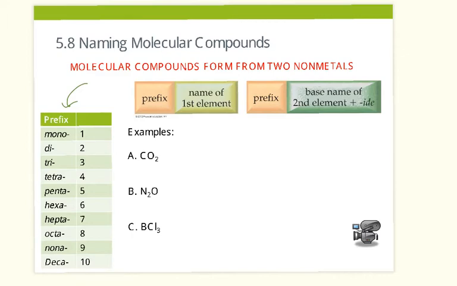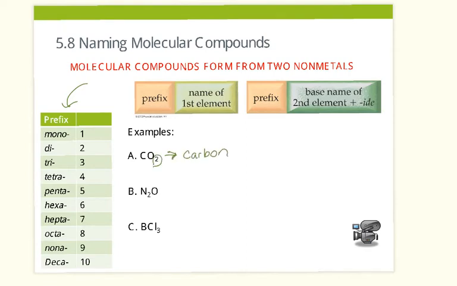Alright, so we're going to do an example, and we're going to do this one. So we have carbon as the first, but we only have one carbon. So since we only have one carbon, we don't have to say monocarbon. We can just say carbon.